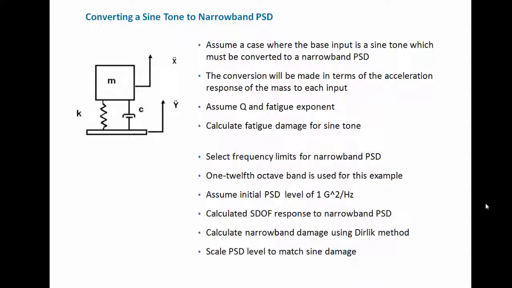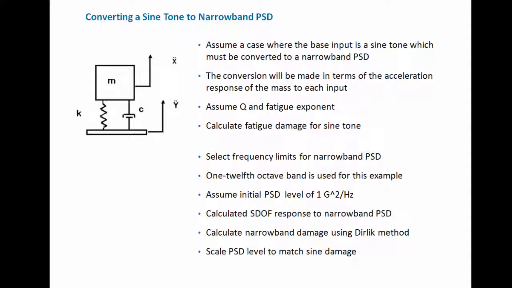It turns out with PSDs, given G square per hertz, those G square per hertz values can be added directly. So that makes it quick and really easy to take our narrowband PSD representing the sine and then just superimpose it on our broadband random, if in fact we have a sine on random specification.